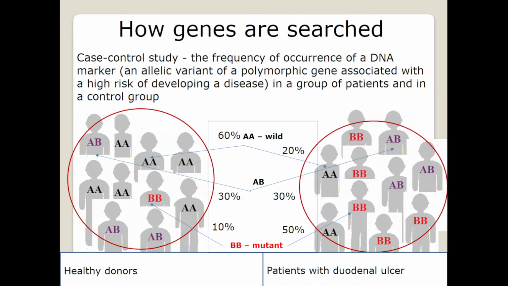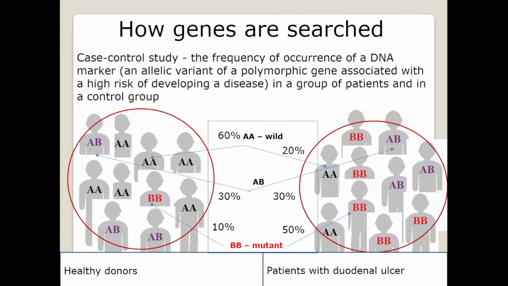In the patients group, we can also find all variants, but the wild type of nucleotides in homozygote condition we can find in only 20% of patients. Heterozygotes are the same as in the control group of healthy donors.